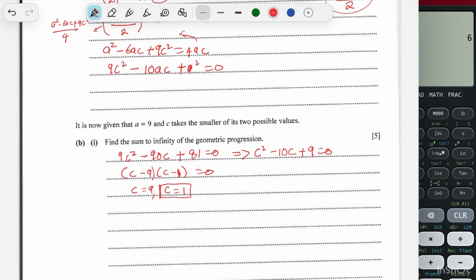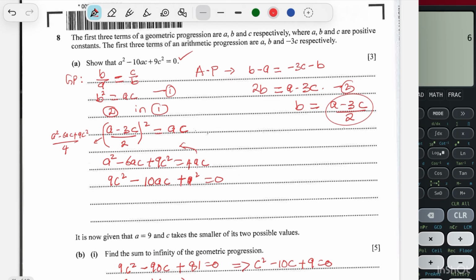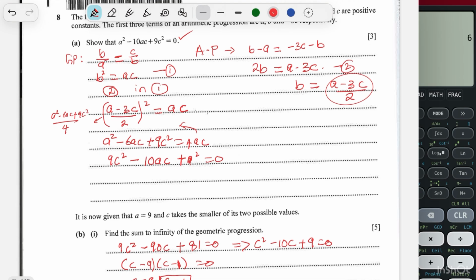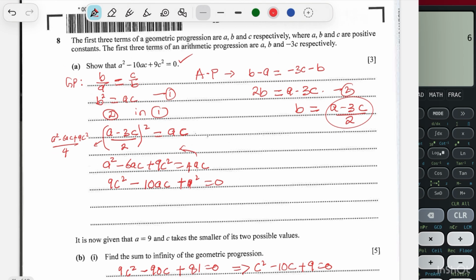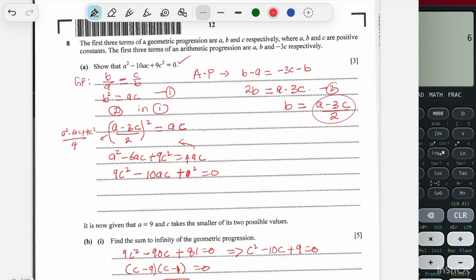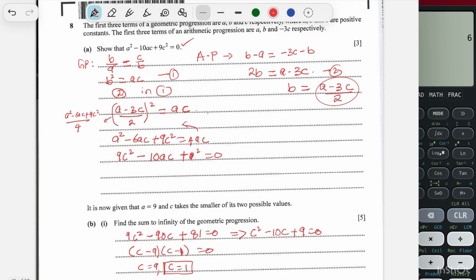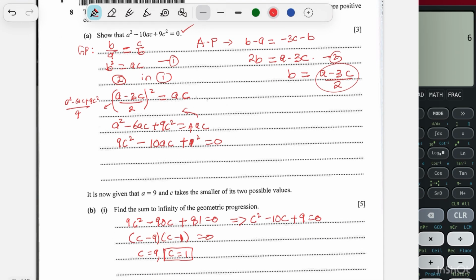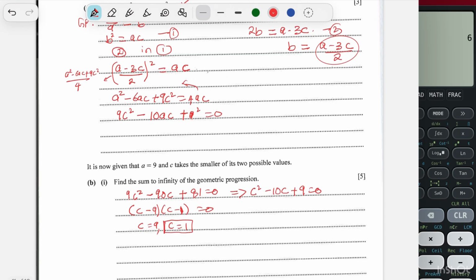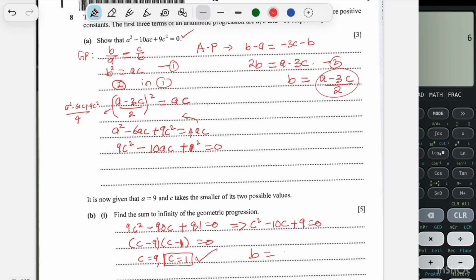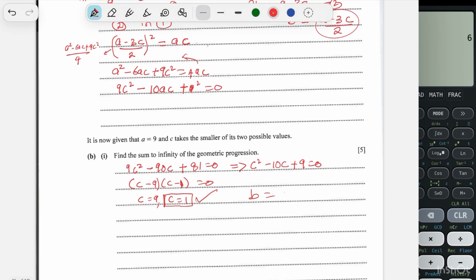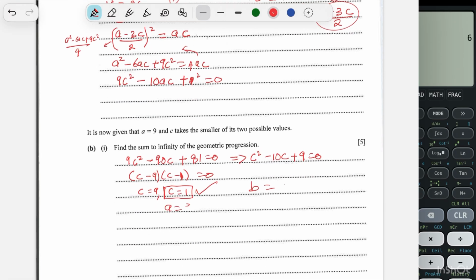All right, so now let's find the sum to infinity of the geometric sequence. We need to find a, b, and c. We know c is 1 and a is 9, then we can find b.